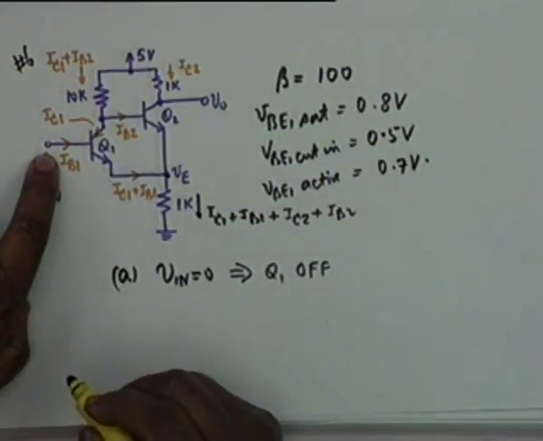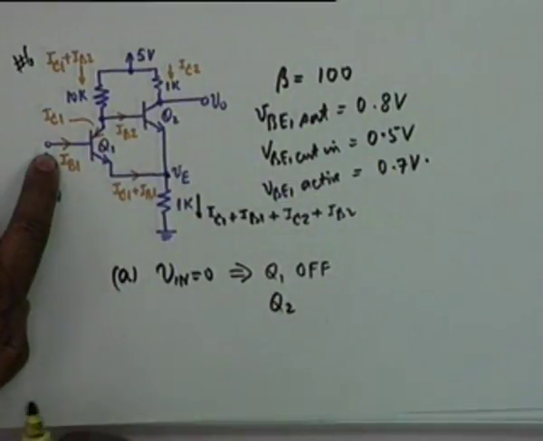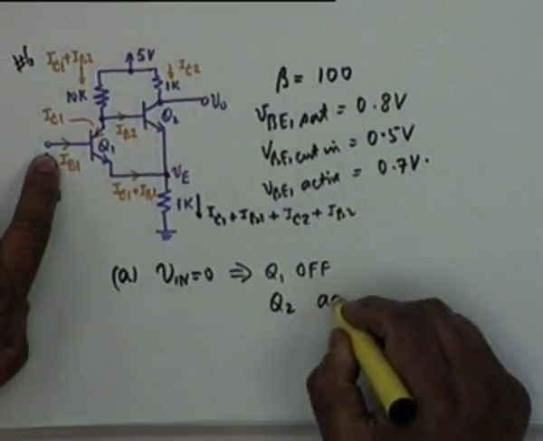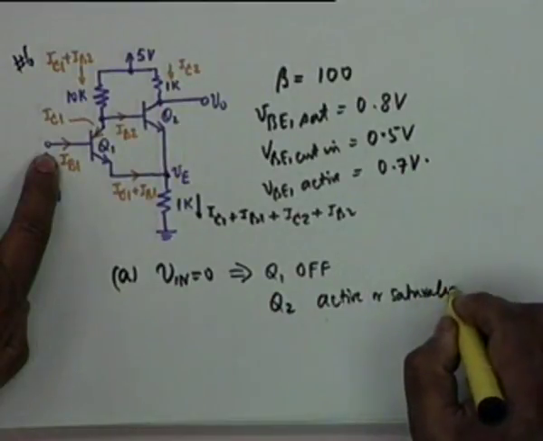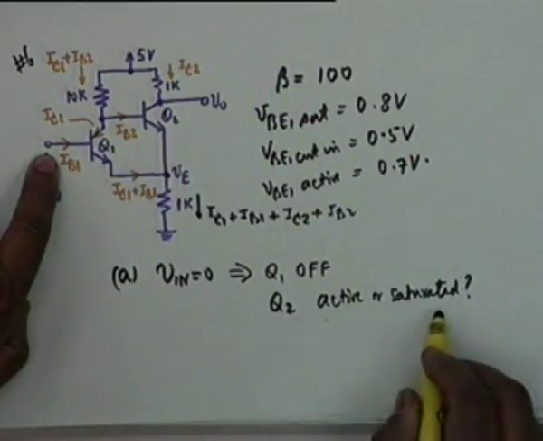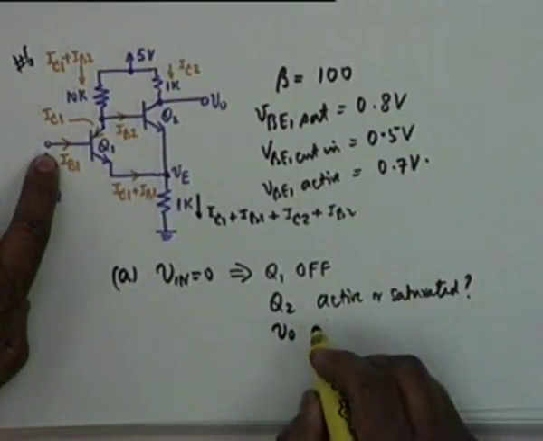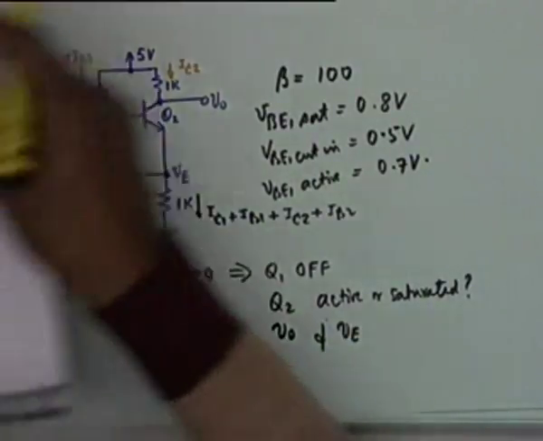Instead of cut off, I write simply off. The question is, what is the status of Q2? Is it active or saturated? Let's solve this part, then we shall go to the other parts. And under this condition, whatever Q2 is, find out V_0 and V_E. These are the two things to be found out.